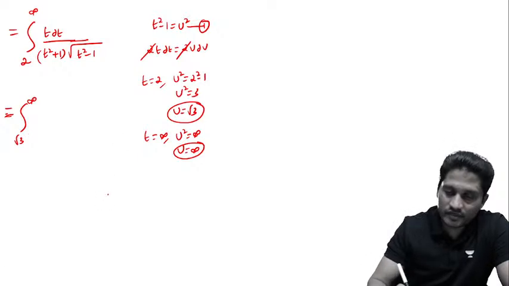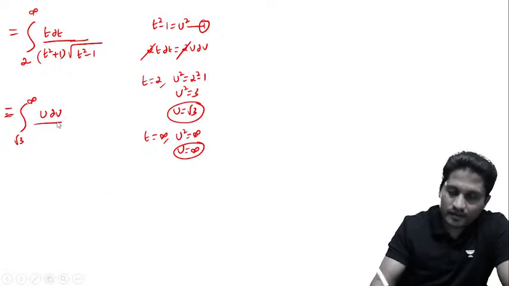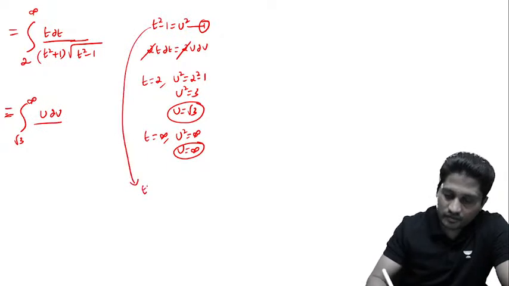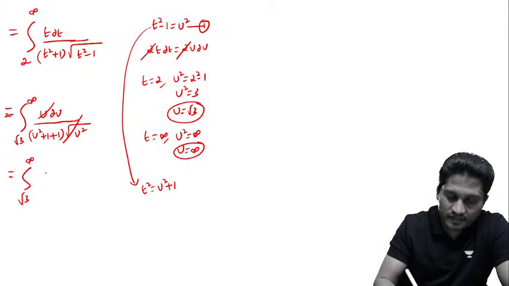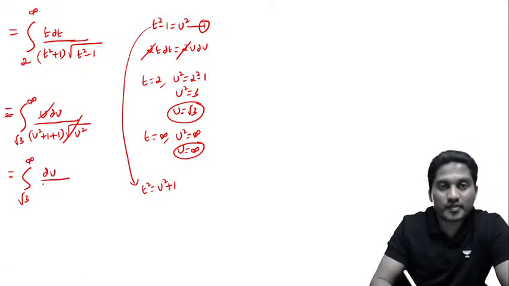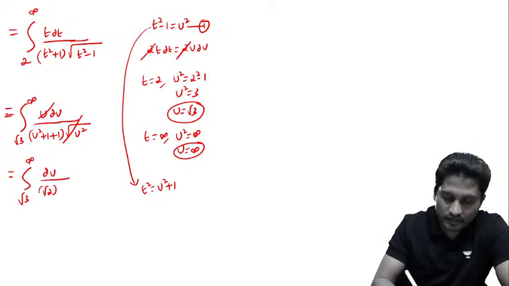Then t dt will be equal to u du, and t^2 will be equal to u^2 plus 1. So this is u^2 plus 1 plus 1, and then this is root of u^2. This will cancel. So you get root 3 to infinity du divided by 2 plus u^2, that is (root 2)^2 plus u^2.